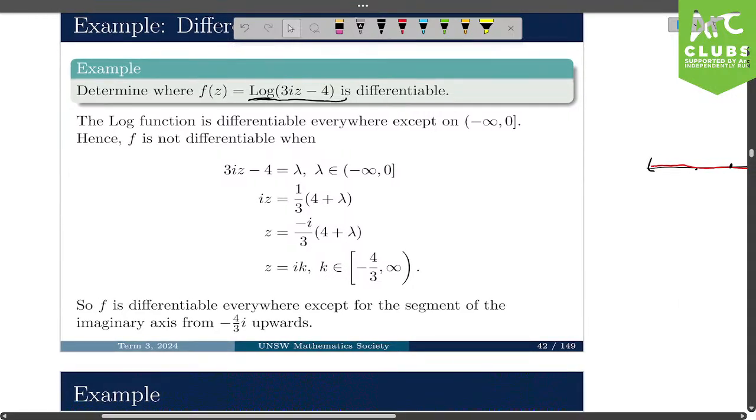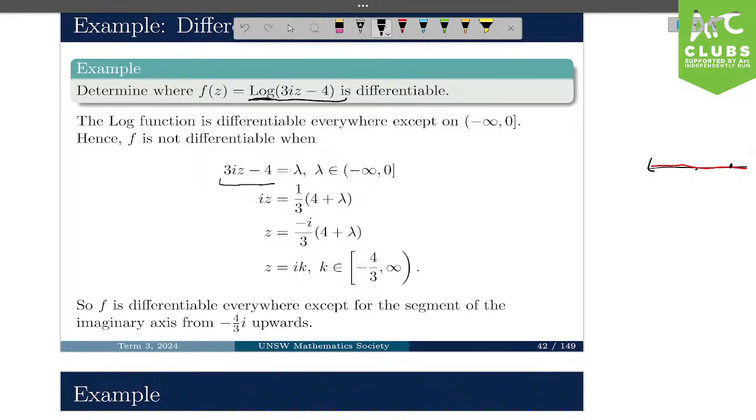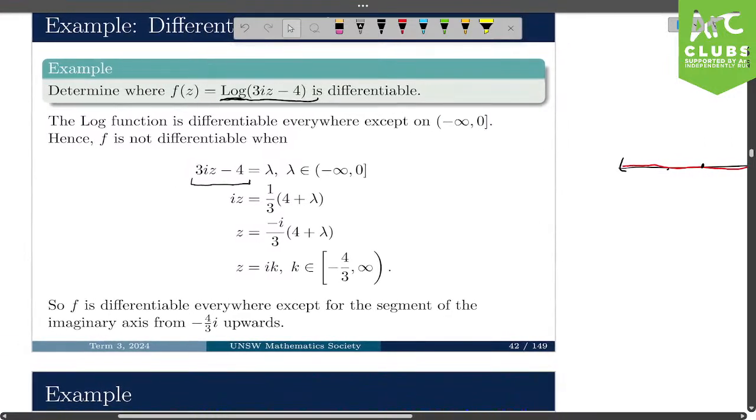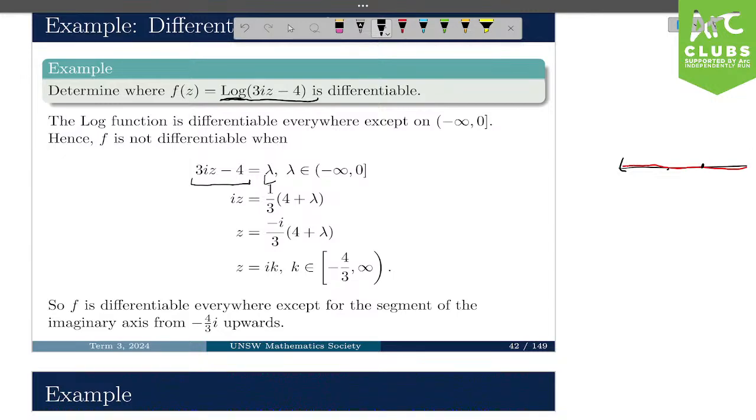So this is basically what we have, right? We know that f is not differentiable when 3iz minus 4 is along that negative real axis, right? So it's some value, some real number lambda, where lambda is along that line.